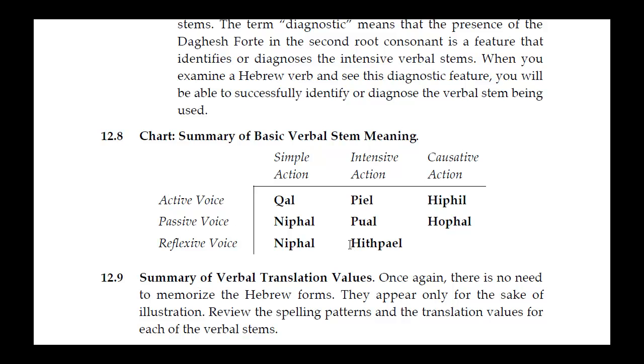And then we have the hitpael, which is the reflexive voice of the intensive: it smashed itself. So you can see the three different categories of the type of action: simple action, intensive action, and then the causative action brings in the hifil. The hifil is the active causative, and the hofal is the passive voice of causative action.